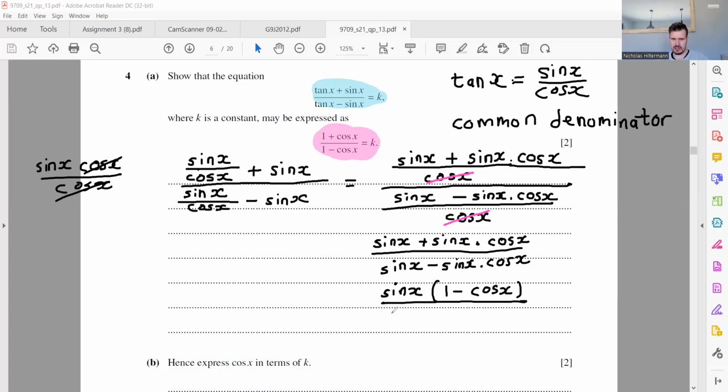And notice it's starting to look like that pink thing. Okay, because the sine x can now cancel because you've taken them out, and we're left with the pink. Equals k. So we've done it.